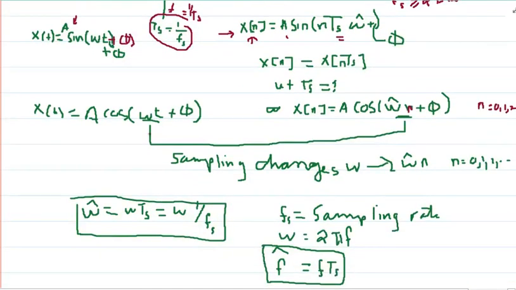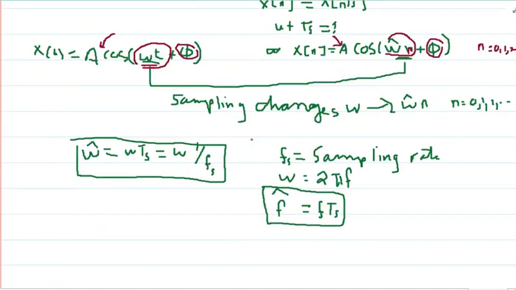What exactly changed? The amplitude A will remain the same between the analog signal and the discrete signal. What changes is omega. This term will change to omega cap n.